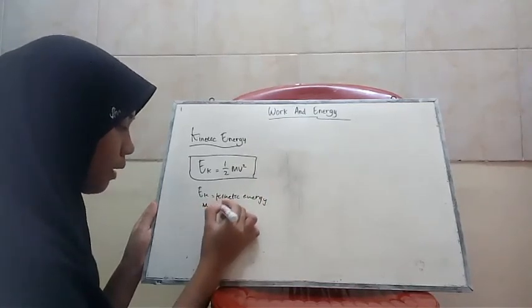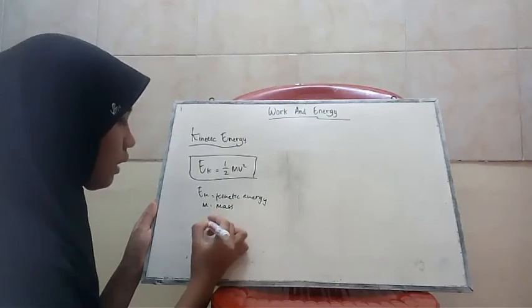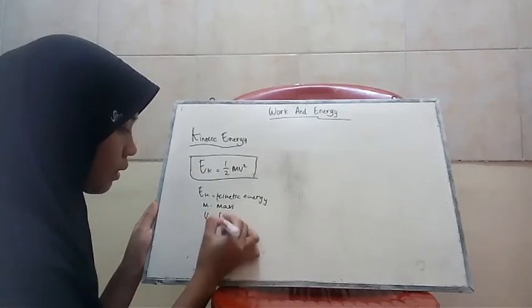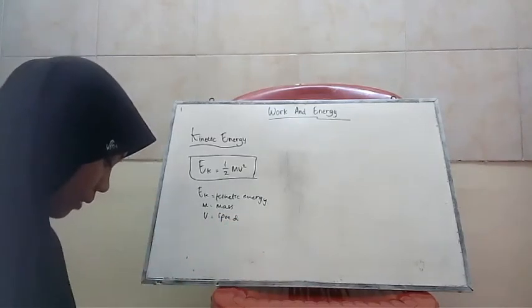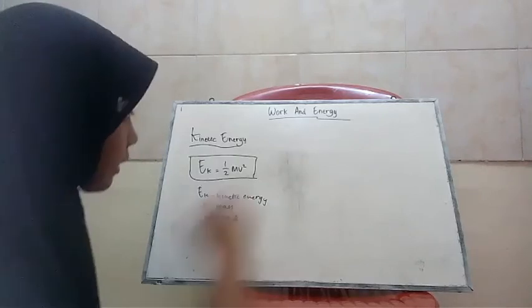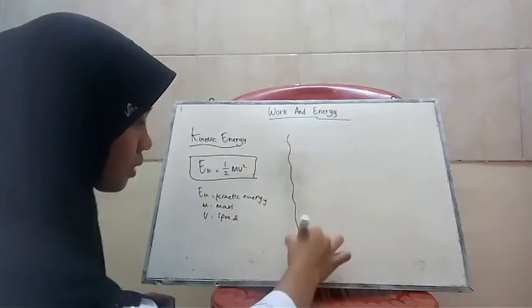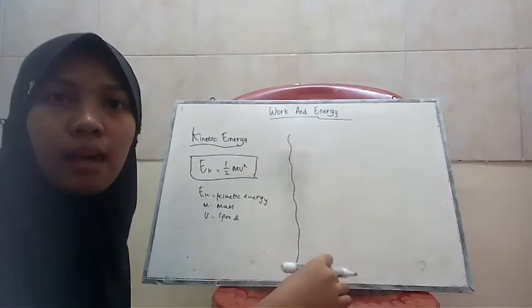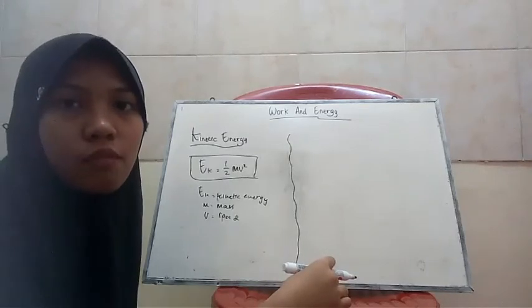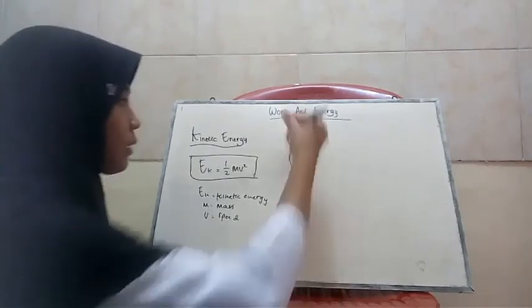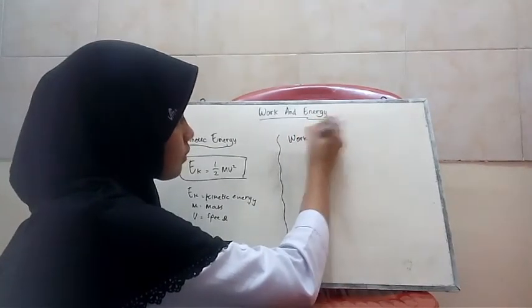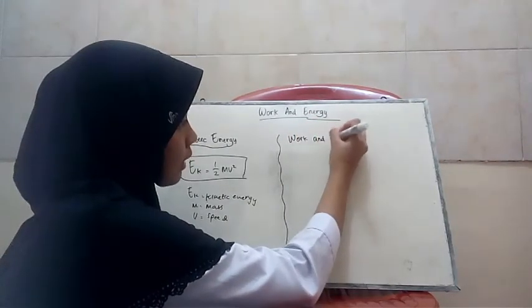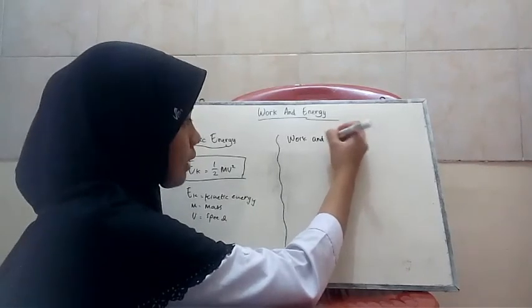M is mass. V is speed. And then the second is the relation of force with kinetic energy. Work and kinetic energy.